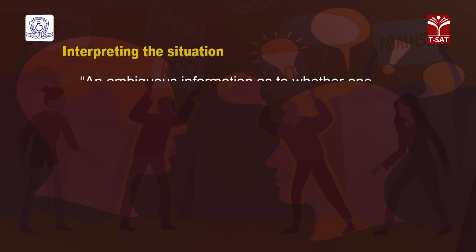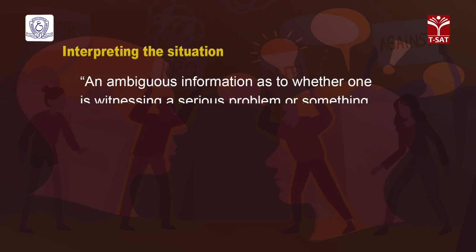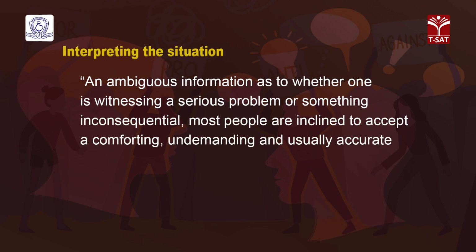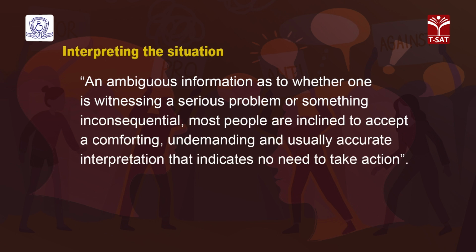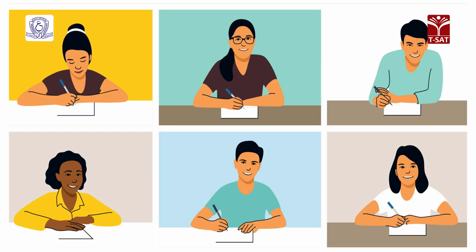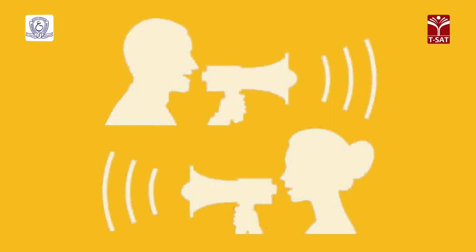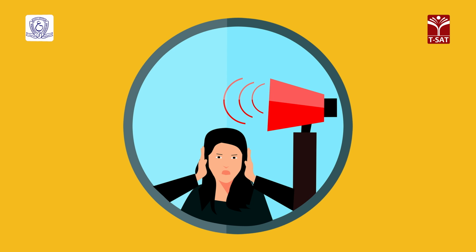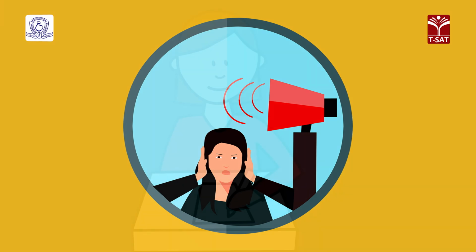According to Wilson, given ambiguous information as to whether one is witnessing a serious problem or something inconsequential, most people are inclined to accept a comforting, undemanding and usually accurate interpretation that indicates no need to take action. For example, if you are writing an exam in a hall with many people and suddenly you hear some loud noises, first you will interpret that something is happening outside, and you go and witness it.